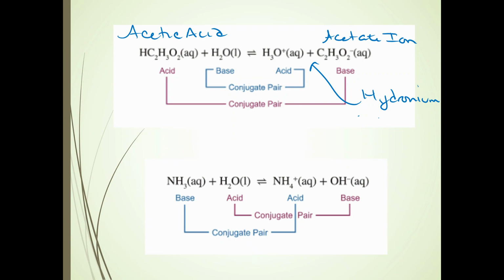When NH3, ammonia, reacts with water, it creates an acid, the ammonium ion, and the OH minus, which can then go back again. So an acid went to a base, acetic acid went to the acetate ion, a base went to an acid, the ammonia went to the ammonium ion.